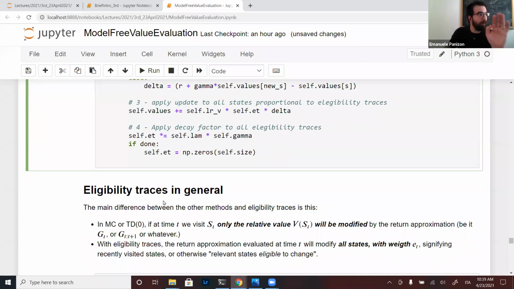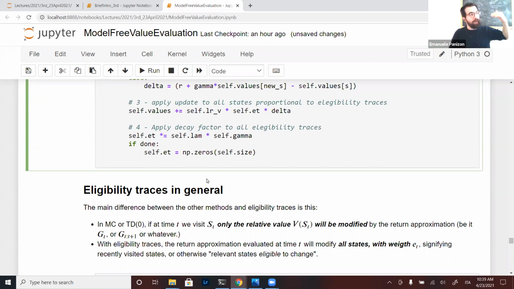Again, what are eligibility traces in general? We have seen them come up from this TD lambda return, so this return which mixes all the 1-step, 2-step, 3-step returns. But actually, they can just be seen, and they are generally used in many forms, as the memory of a past system.